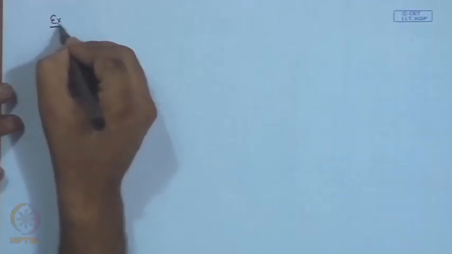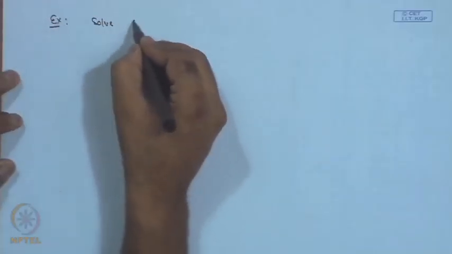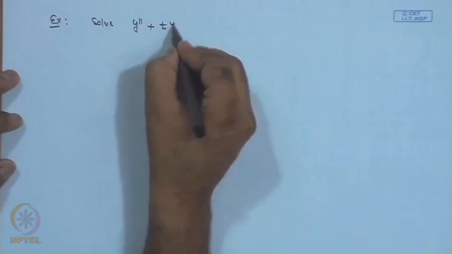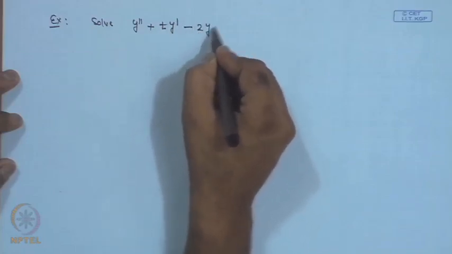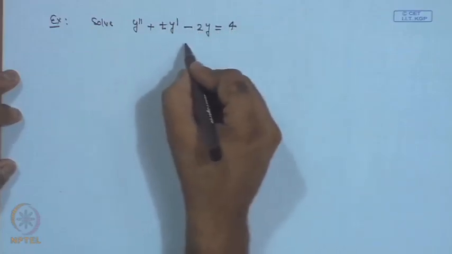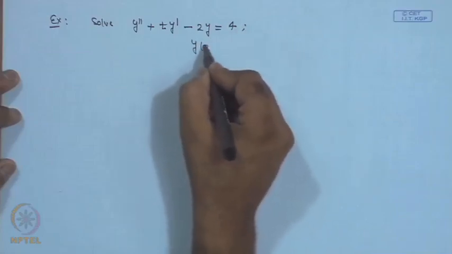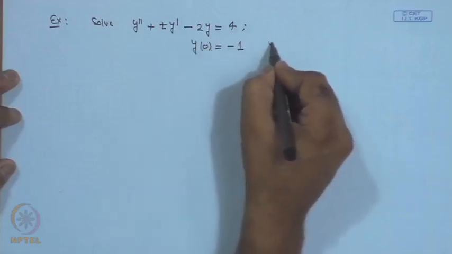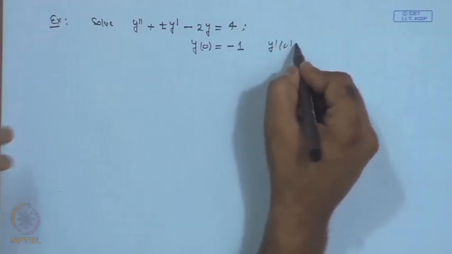Now, the next category we move to. Up to now we had the linear equations with constant coefficients. Now we will consider the differential equations when the coefficients of the derivative terms are not constant, but are polynomials. For example, solve y double prime plus t y prime minus 2 y is equal to 4, and the initial conditions are given that y(0) is minus 1 and y prime(0) is 0.